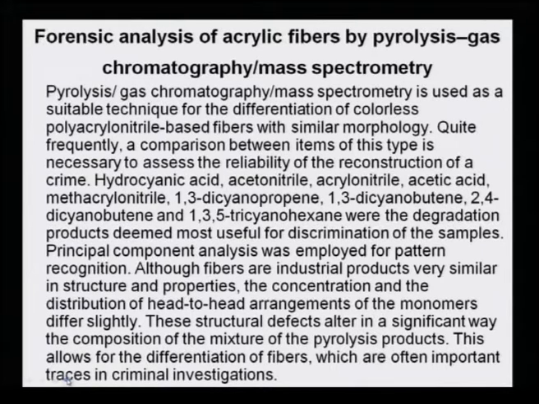Quite frequently, a comparison between items of this type is necessary to assess the reliability of the reconstruction of a crime. Forensic analysis has to be related to some kind of crime where a sample has been procured, and analysis of this sample can give some clue to how the crime has taken place.